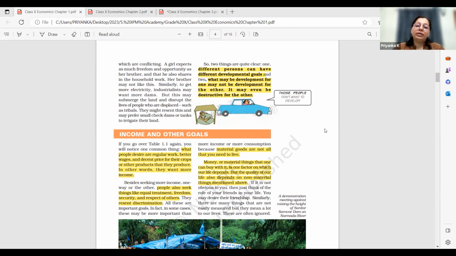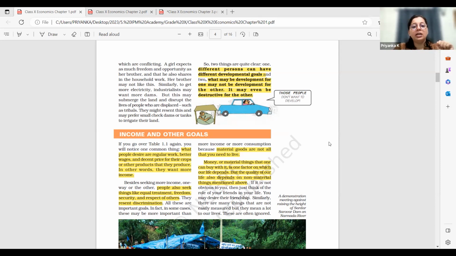And when it comes to countries, we say people have different goals and different aspects in development, but there needs to be a standardized way in which we analyze whether a country or a society is developed or not. And that is where the income part is generally taken into consideration. What people desire in a community are generally employment facilities.